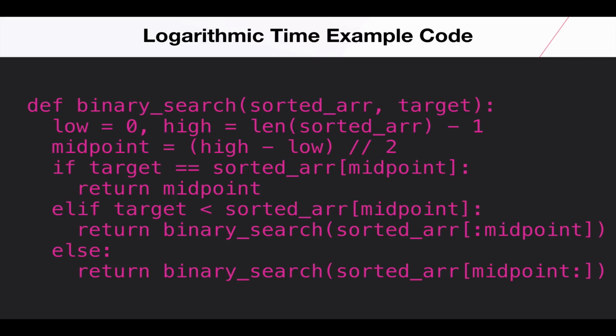The idea then is that when we're doing comparisons, we're able to reduce the amount of work we need to do. We don't need to look at every single element in the sorted array, because we have a general idea of where the target element is going to be.